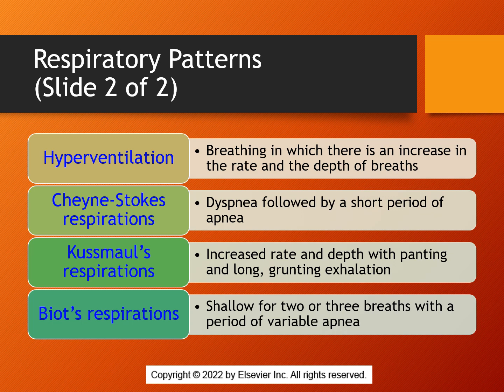You'll see that sometimes with like DKA, diabetic ketoacidosis. You'll learn about that later. And I don't know how to say this, I think it's Biot's respirations, and that's shallow for 2 or 3 breaths with a period of variable apnea. Again, that sounds like a dying, end of life breathing pattern.